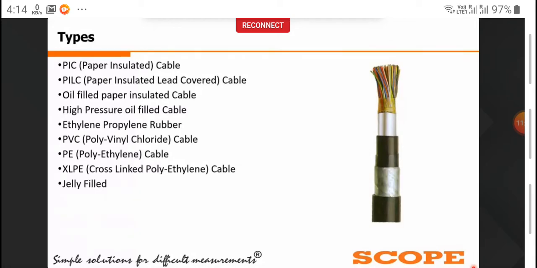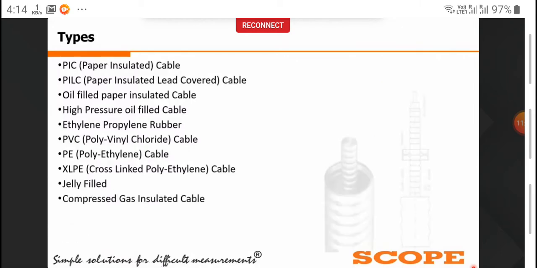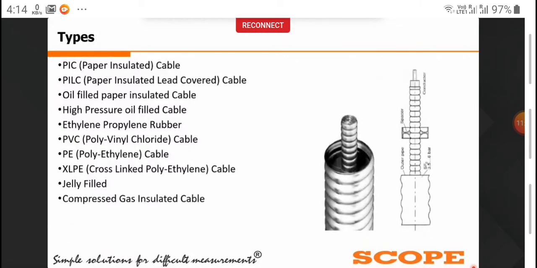The next one, gas insulated cables. In gas insulated or gas filled cables, pressurized gas like dry nitrogen or SF6 is used as the insulating material, and also as a coolant for the cable. An airtight steel pipe is used, and the pressurized gas acts as the insulator in this type of cable.